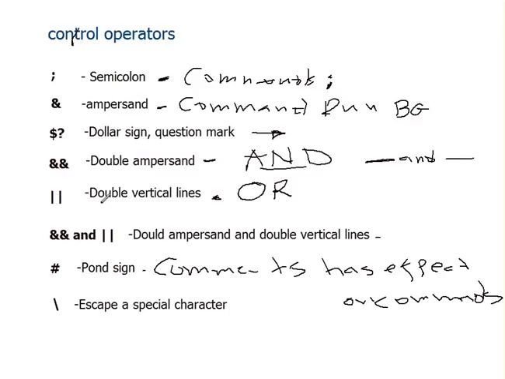The double vertical line means a logical OR in the shell, so it will execute either the first one or the second one. If the first one is executed successfully, then it will skip executing the second. If it fails, then it will go ahead and execute the second one.